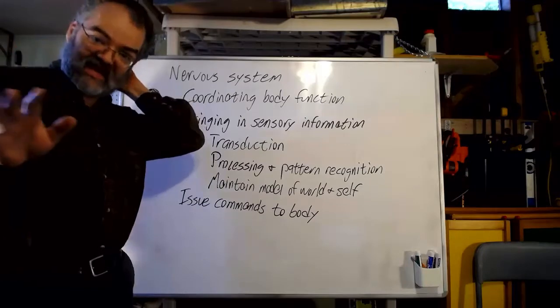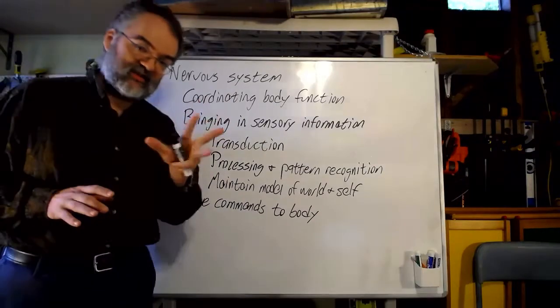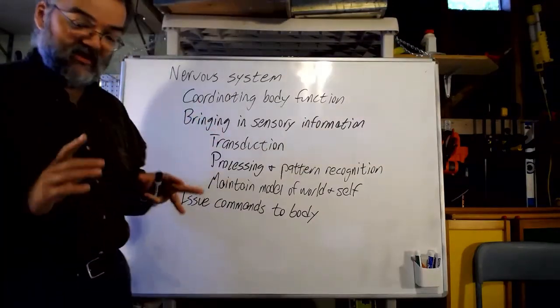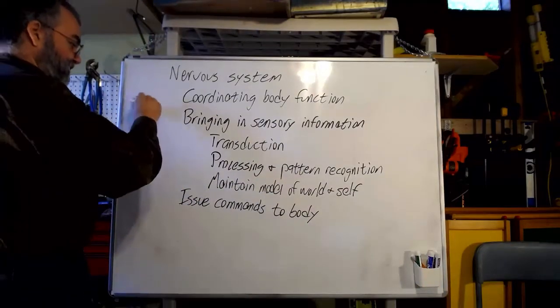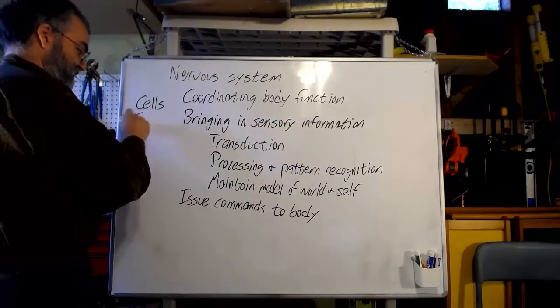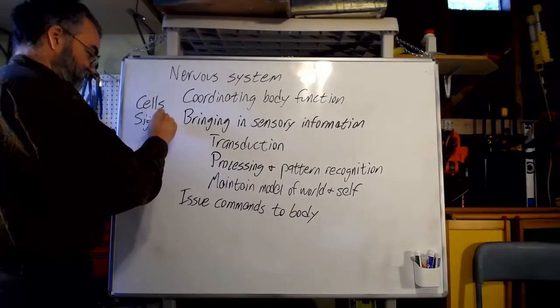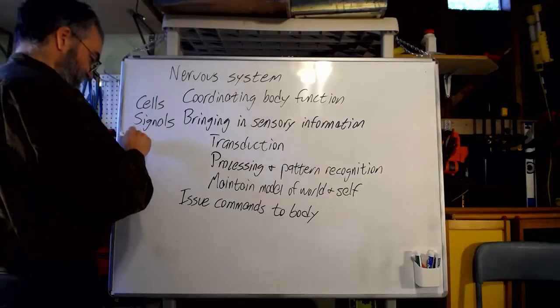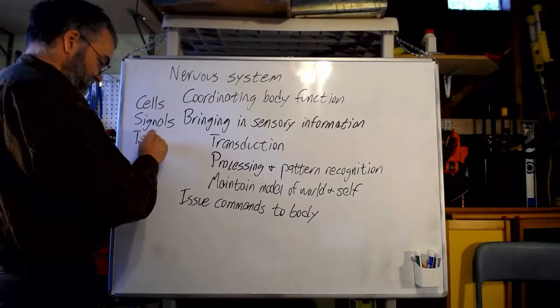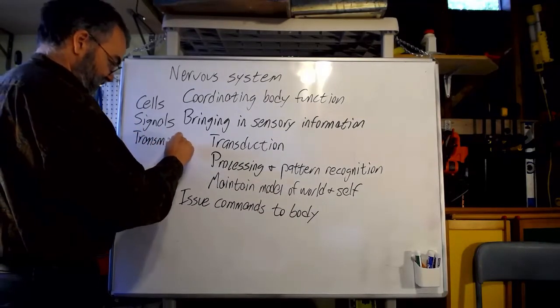To understand any part of how that works, there's several things we have to get through. We need to understand what cells are involved here, what kind of signals are involved, and how those signals are transmitted, and how they're received.